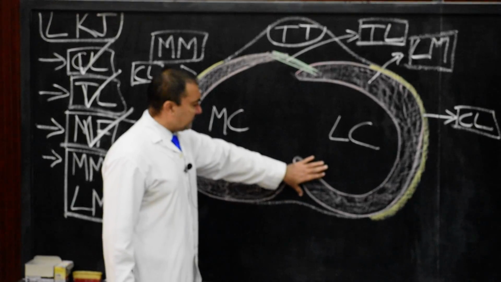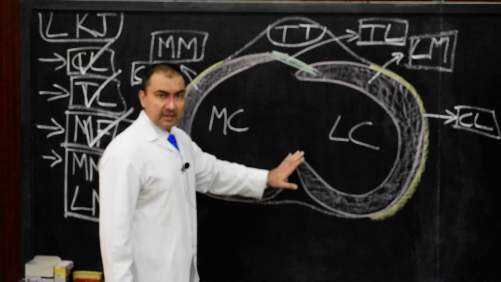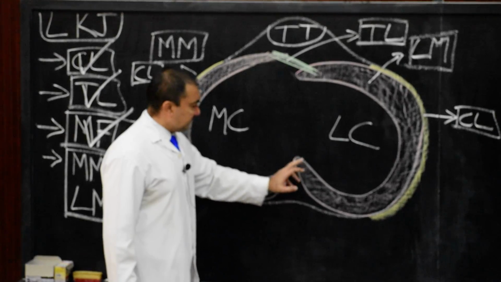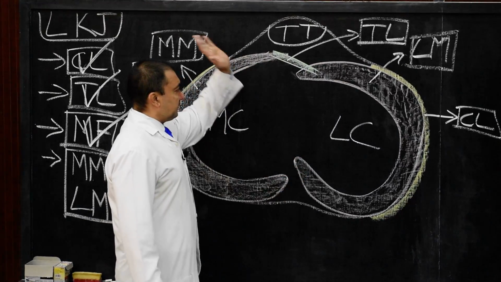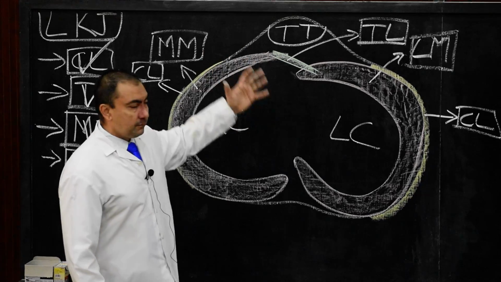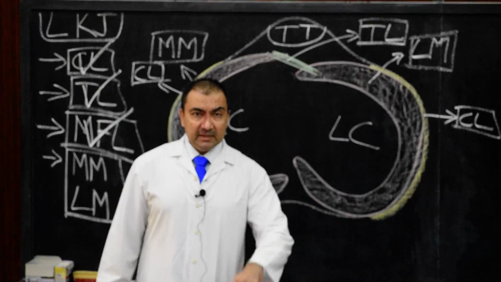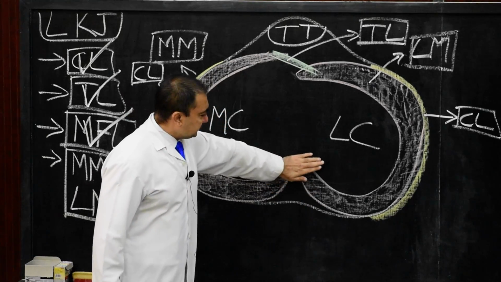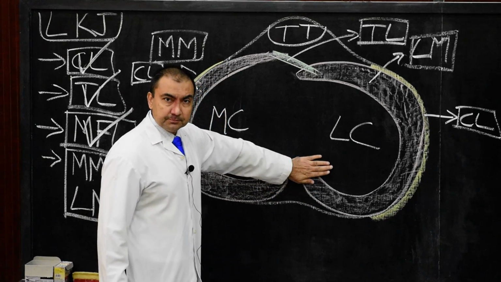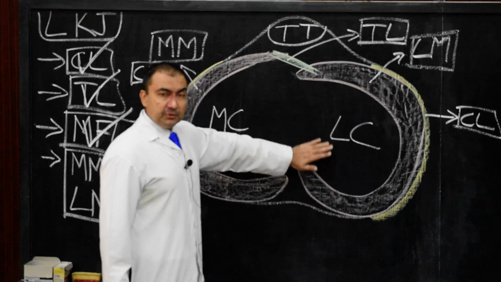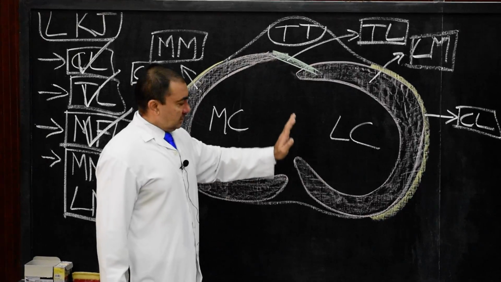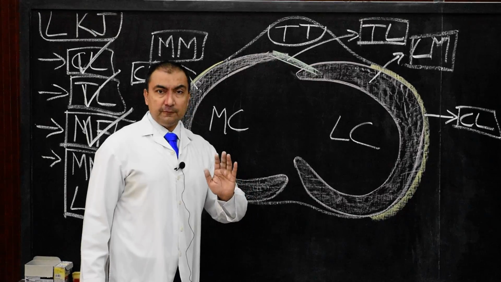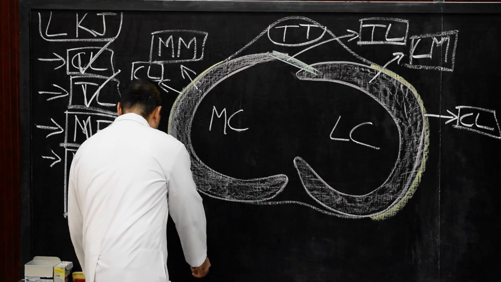Now this posterior horn of the lateral meniscus we need to understand, because from this posterior horn of the lateral meniscus, it will be connected with the medial condyle of the femur, above, with the help of meniscofemoral ligaments. So this posterior horn of the lateral meniscus will be connected to the medial condyle of the femur above with the help of meniscofemoral ligaments. For that we need to draw another diagram.